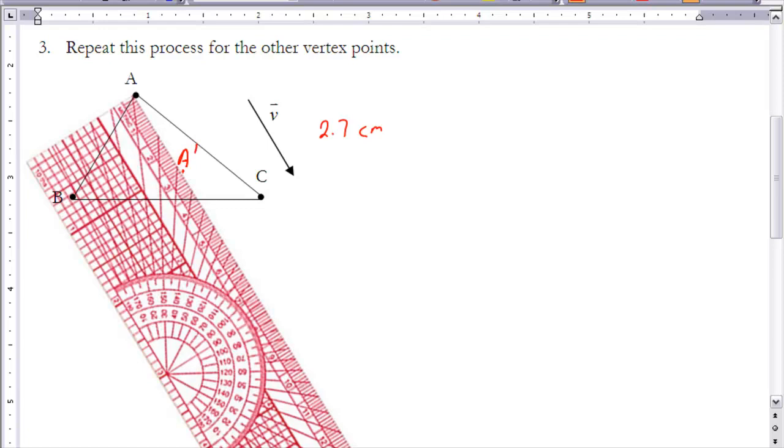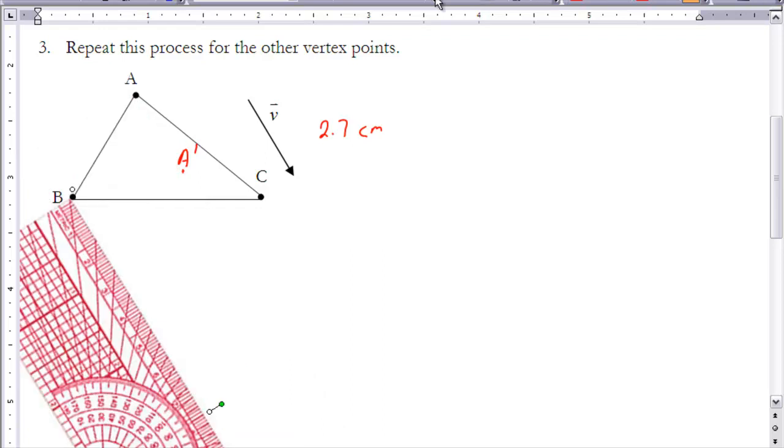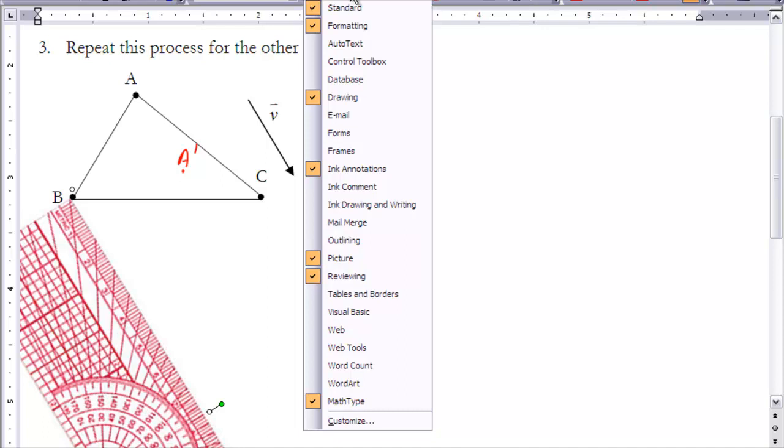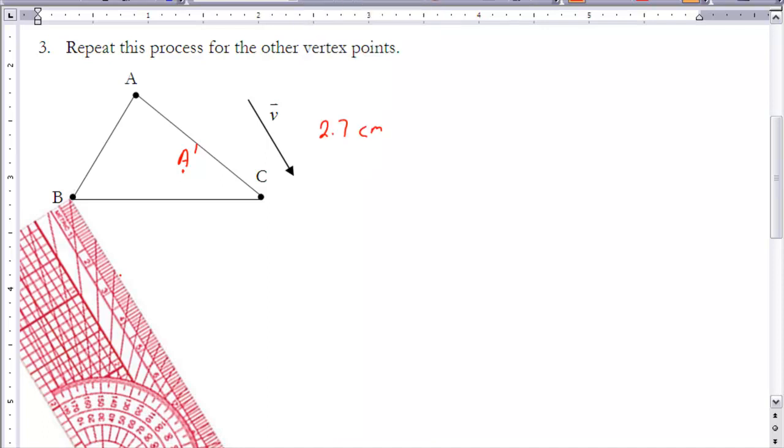I'm going to repeat that same process with each of the other two points. I've got my ruler on B now. I measure down 2.7 centimeters, plot that point, and label it B prime.